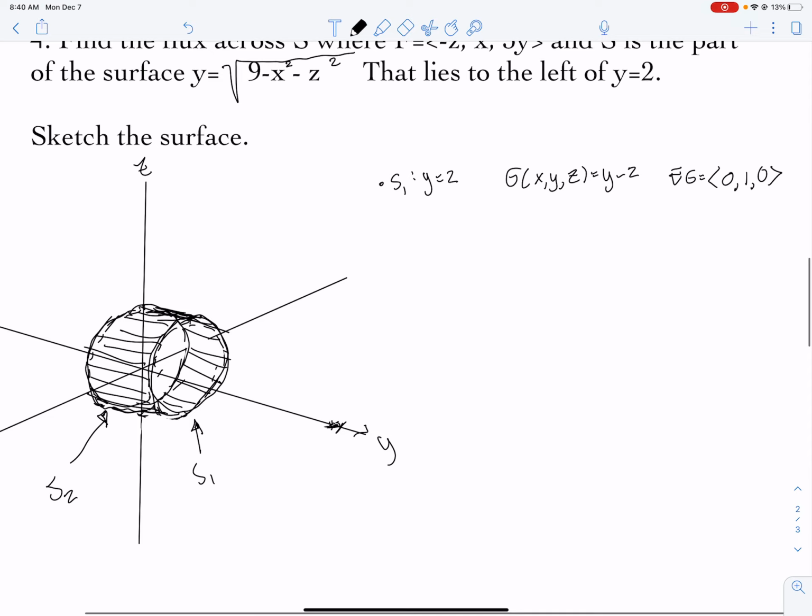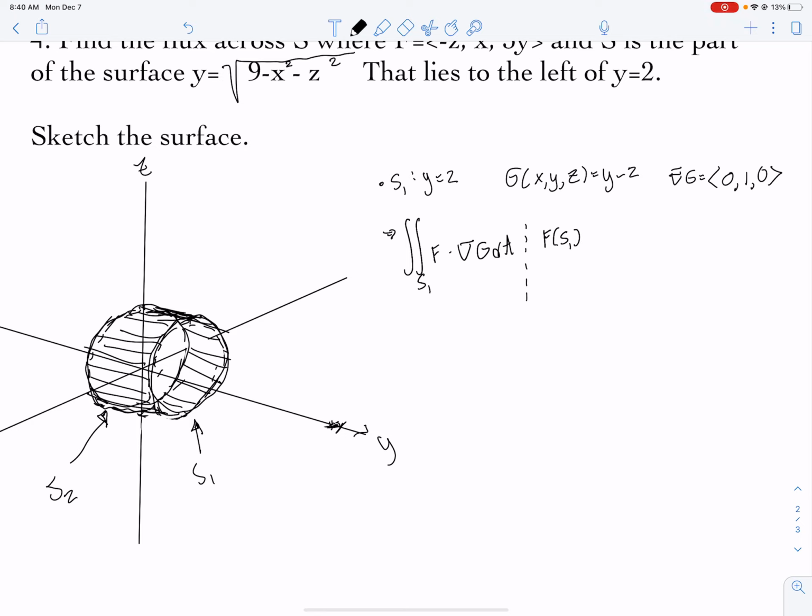Finding the surface integral of f dot del g over our first surface, we have f of the first surface being negative z, x, and then plugging in y equals 2 into 3y, we get 6.